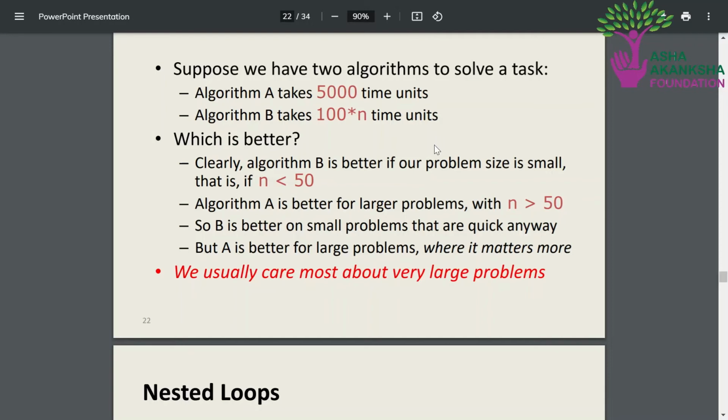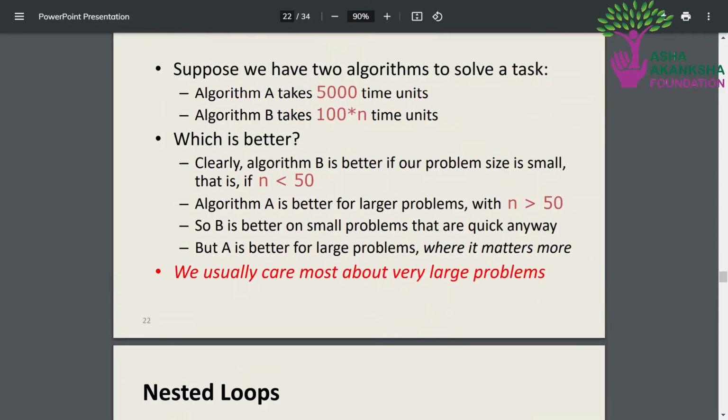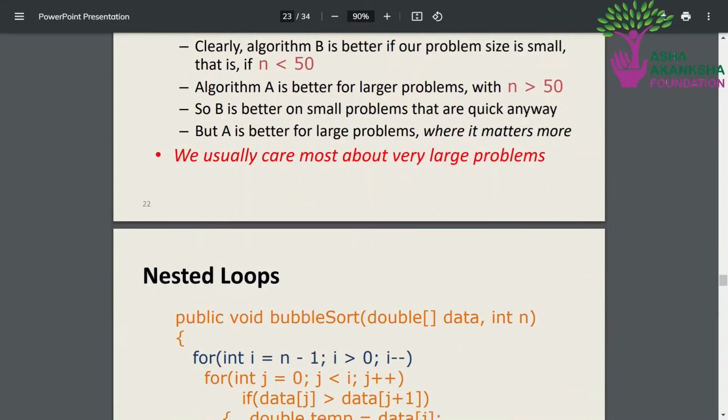Clearly algorithm B is better if our problem size is small, or you can say n is less than 50. But since time complexity is a measure for asymptotically higher values of input, from that perspective algorithm A is better for larger values of n. So we can say that algorithm A takes much less time than algorithm B for high values of input. And in time complexity, we usually just care about asymptotically high values of input.